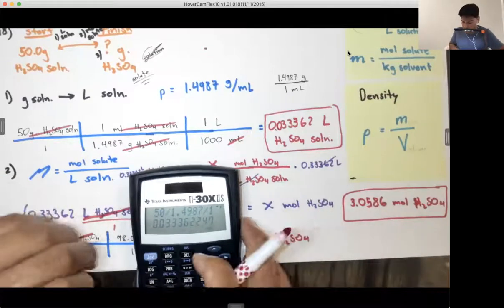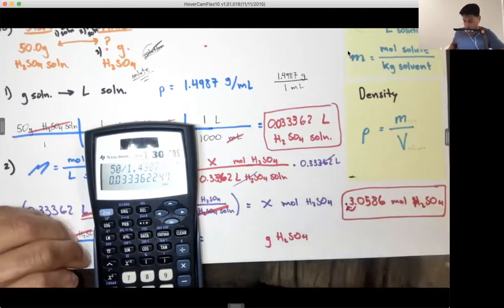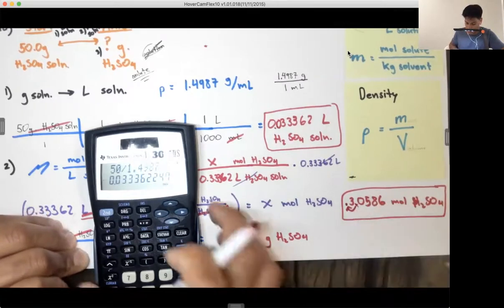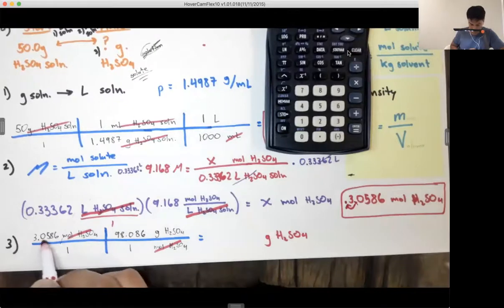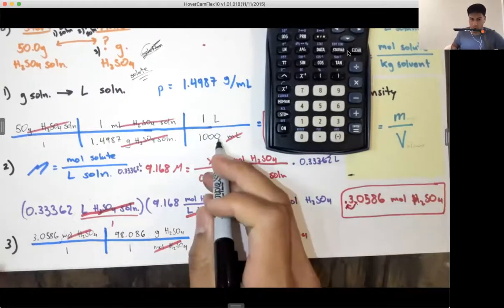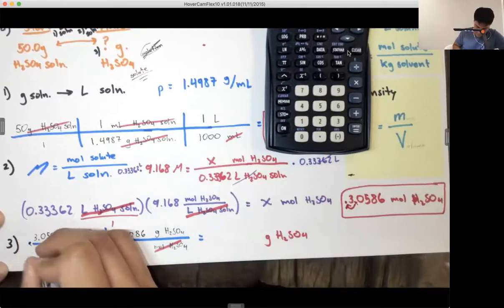That just moves the decimal point over. I divided by 100 instead of by 1,000. This decimal point is actually supposed to be right here.